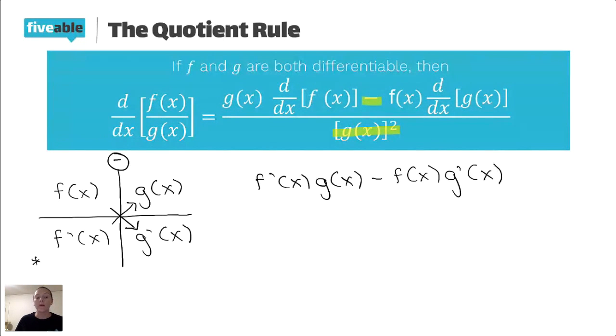And now this is the one piece that's really super important we remember. All over my original denominator squared. So my original denominator is g of x, and then I'm squaring that entire quantity, okay? That is my quotient rule. Okay, give me a thumbs up if that makes sense, or ask me any questions you have at this point before we do an example.